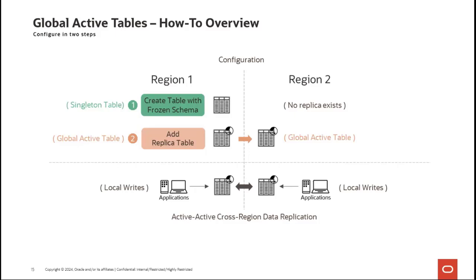It'll be a small subset of customers that are basically going to create these from scratch, right? But more than likely, customers are already going to have running applications. They're already going to have data in their table. So we're not going to charge you for this initial data movement. And then once all this is all set up, then what you wind up with is active, cross-region data replication.